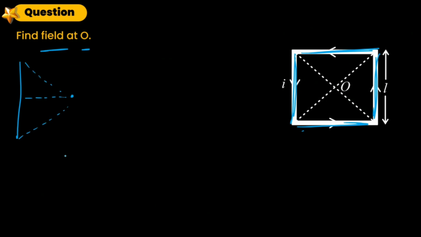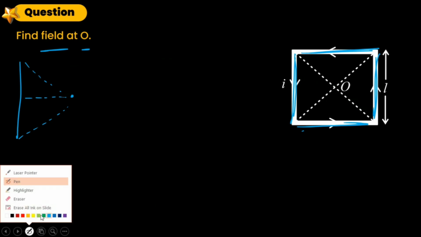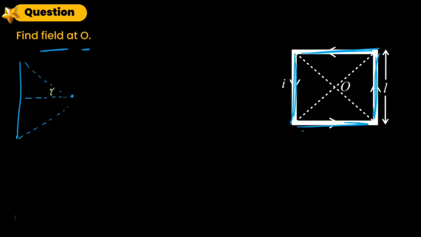So what is the angle subtended by the central point at the ends of the wire? Can you tell me? What are the angles? What is this angle?